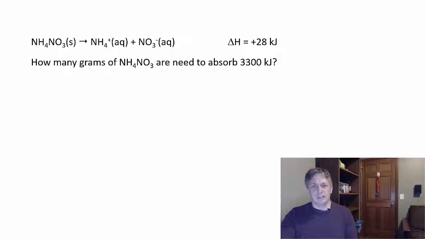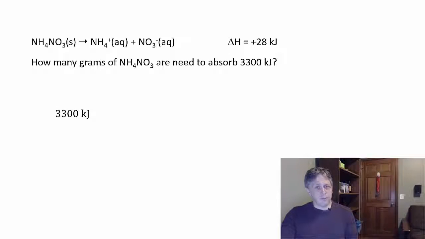Let's say you're releasing 3,300 kilojoules of heat. How many grams of ammonium nitrate does that correspond to? So again, it's the same stoichiometry setup. Convert this much of this stuff to this much of this other stuff, giving this equation. Only now it's something to heat, or in this case, heat to something. And instead of a chemical equation, it's a thermochemical equation.